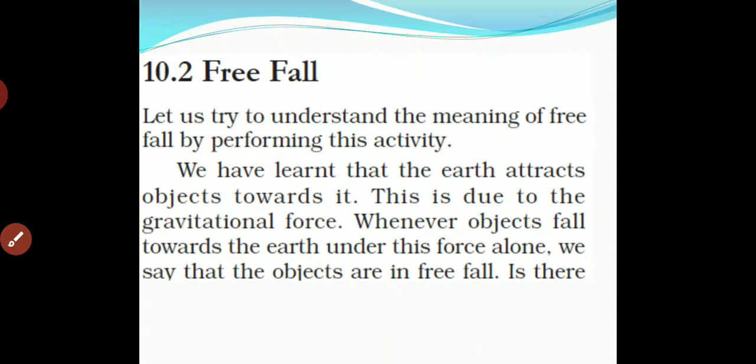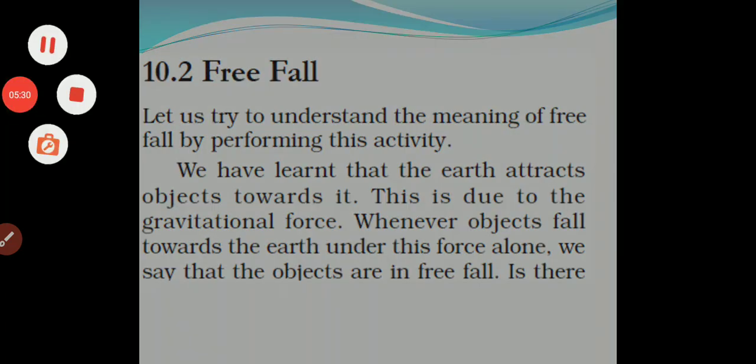Now we will study free fall. First let us try to understand the meaning of free fall by performing this activity. Several activities we will study about free fall.